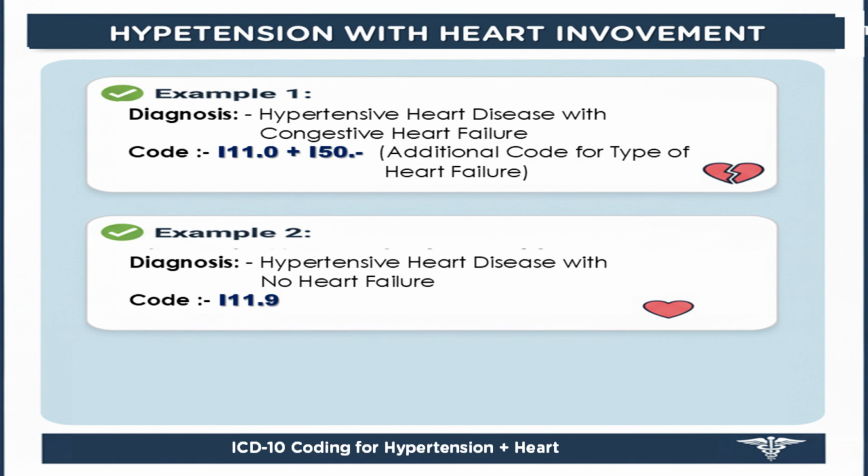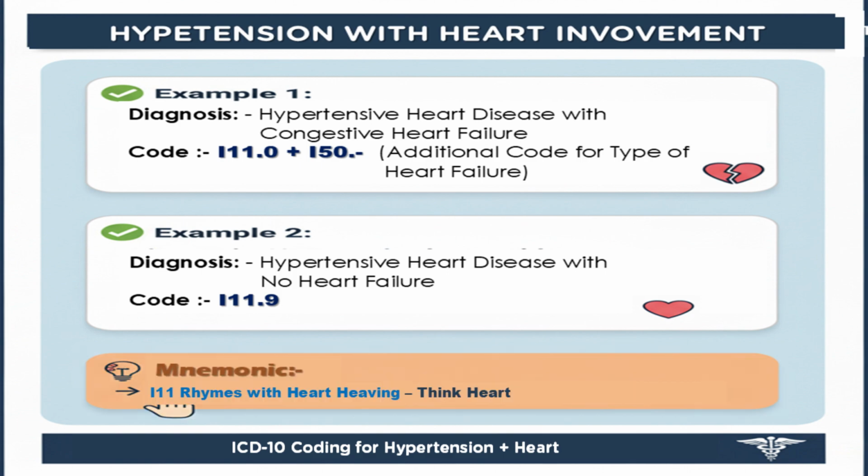Always check the patient's record for the presence or absence and the specific type of heart failure. To help you quickly recall this series, remember this mnemonic: I11 rhymes with heaven, think heart. This simple memory aid links the code series I11 directly to cardiac involvement.